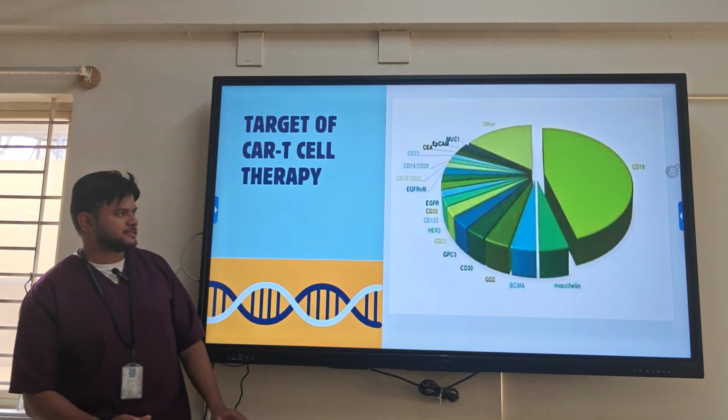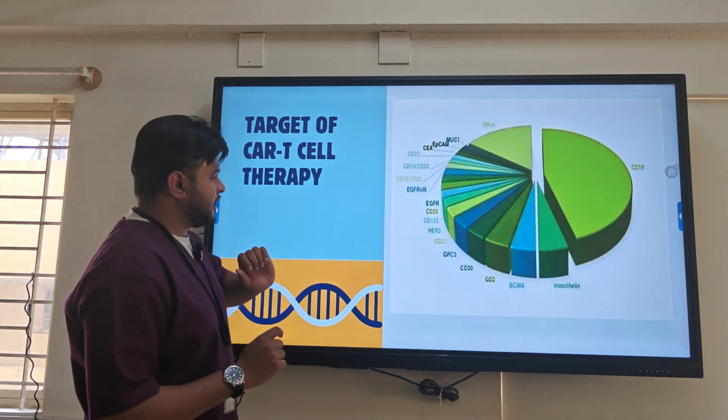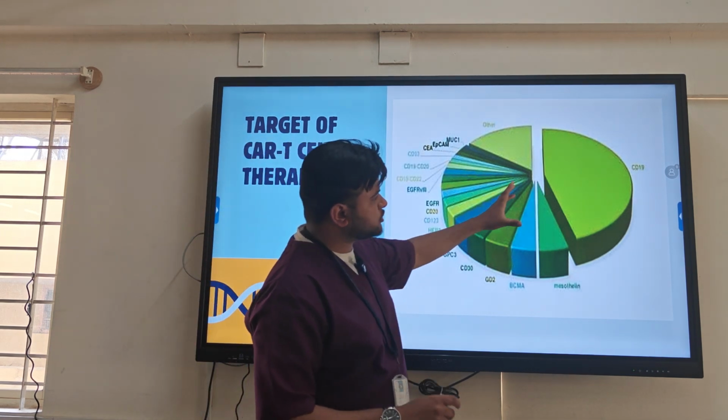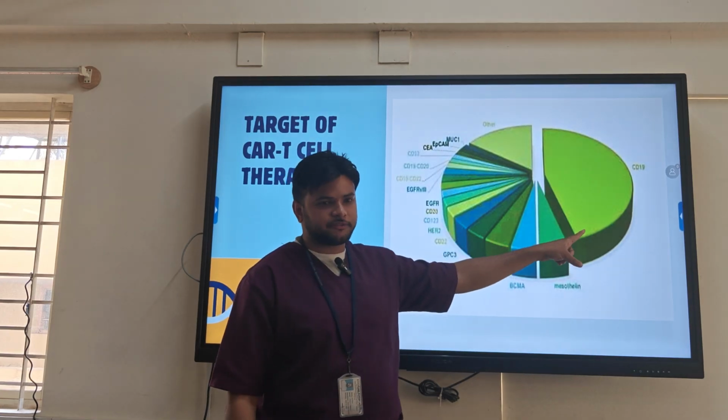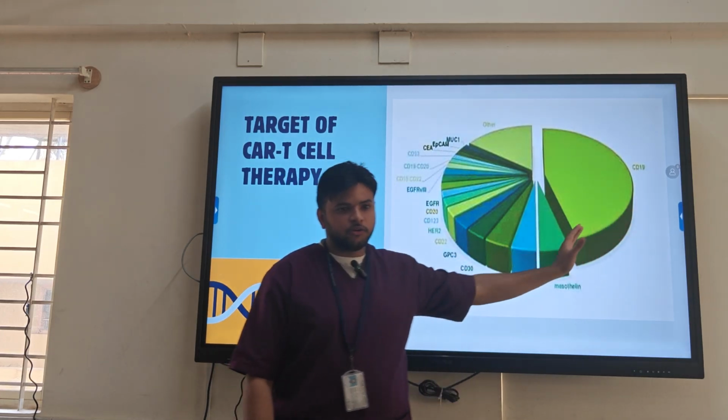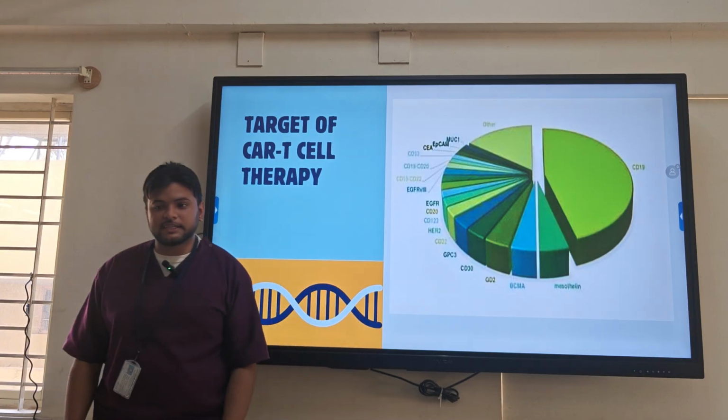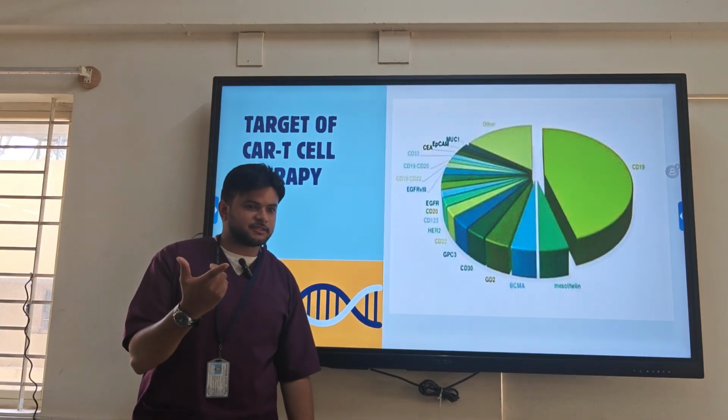And this is a pie chart I have used to show that most of these CAR T cells affect the receptor CD19. Where can we find CD19, in which type of cancer?